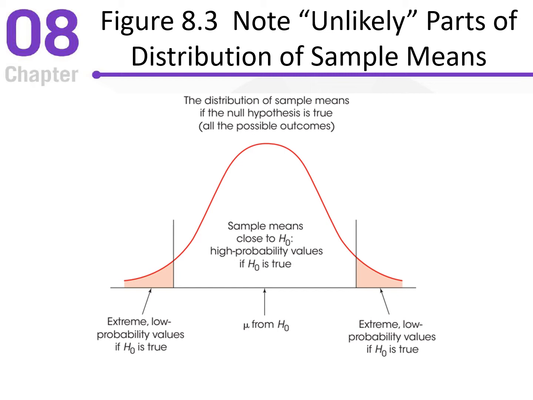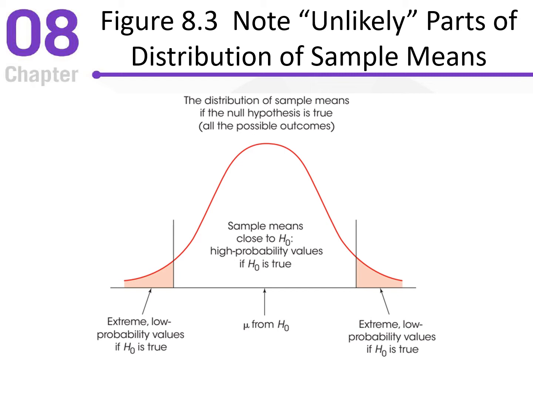Because the likelihood that the null is true and you obtain a sample mean that's in the tail of this distribution, right, is very low. So if the null is true, you're not likely to get this, but you could. And that's where the error comes in again. You could get this. It's a very small percentage chance.